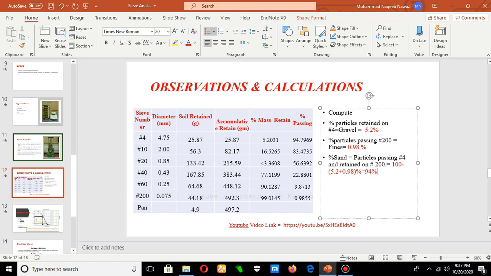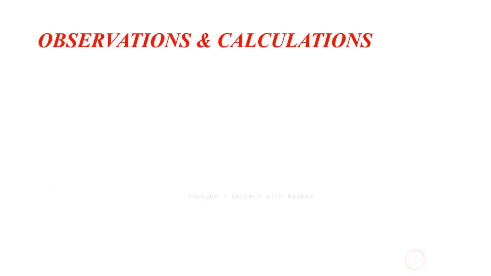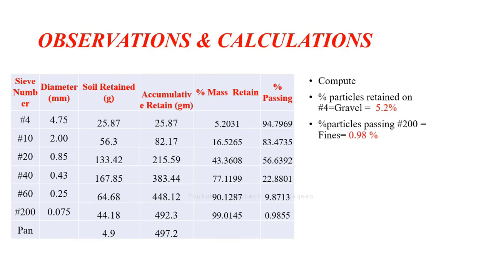Now the soil is coarse grained soil, as you know that the material passing sieve number 200 is less than 50%. So this is one of the objectives of this test that we have obtained through this calculation.